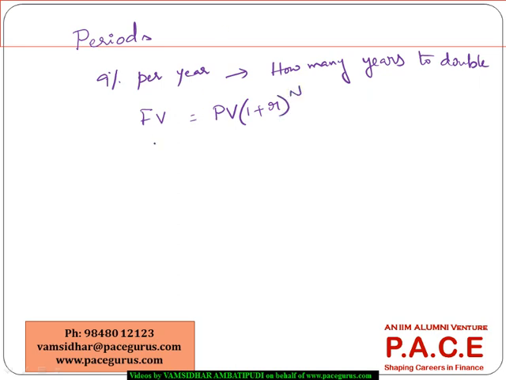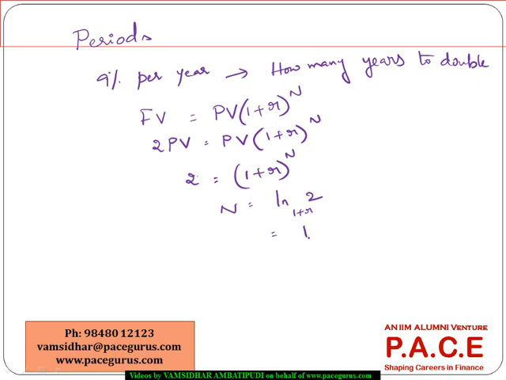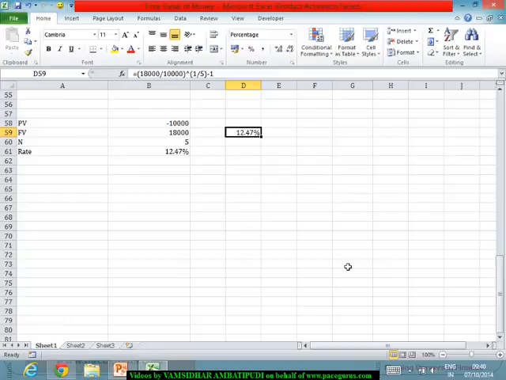Now I can write FV as twice PV, because we are talking of it as doubled. PV times (1 plus R) to the power n. So just basic arithmetic: 2 equals (1 plus R) to the power n, and it becomes n equal to log 2 to the base (1 plus R). Otherwise it's log 2 divided by log (1 plus R). This will give me the number of periods that it will take for my money to be doubled.